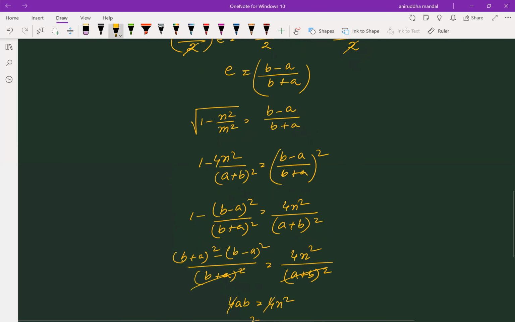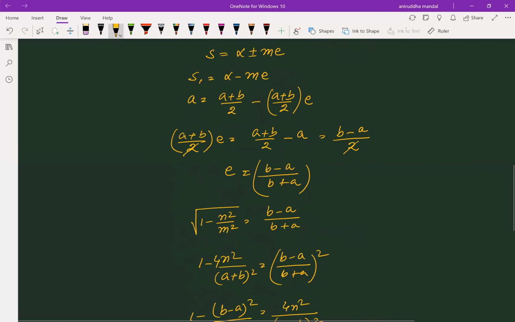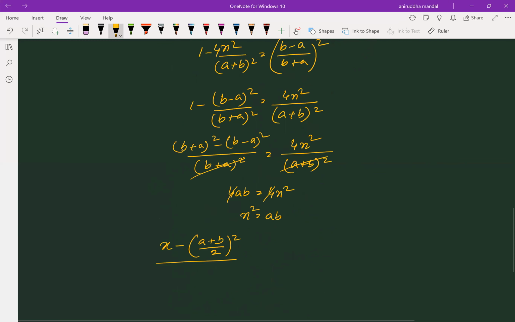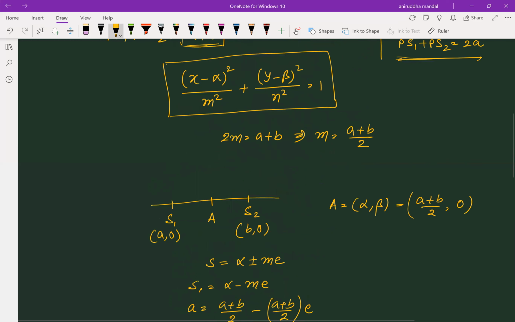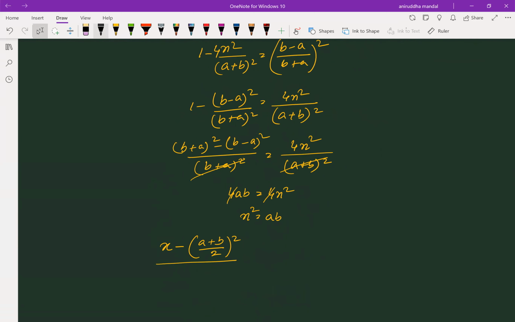So we have found all the values of m, n, alpha, beta. So we can write the ellipse as (x minus (a plus b) by 2) whole square divided by m square, this is x minus alpha, okay, alpha is not squared, this whole thing is squared.